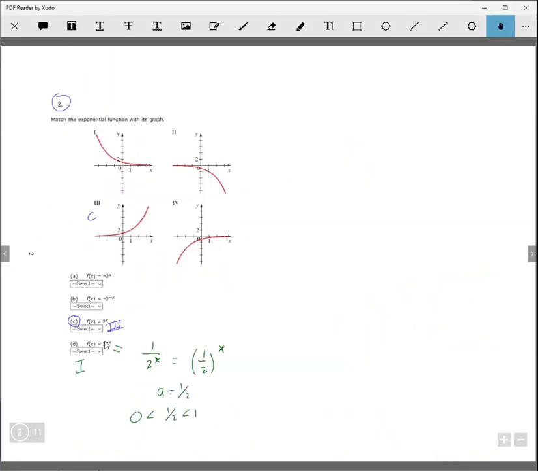Like I said, this is really the exponential with base 1/2, which is between 0 and 1. And then, of course, if you take this one and you reflect it, you're going to get this one. It's a vertical reflection, so that's going to be this one.